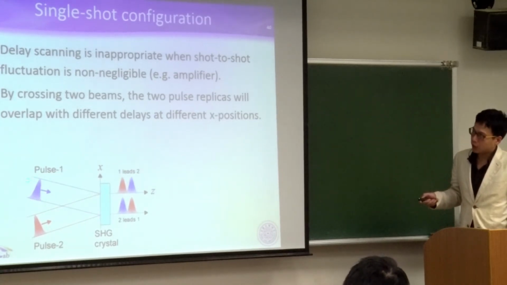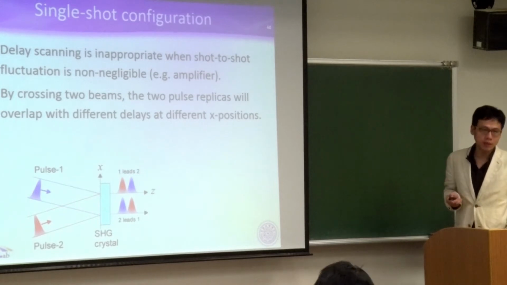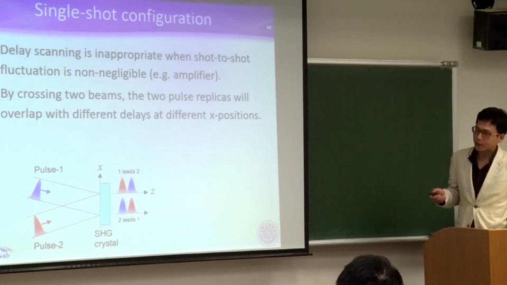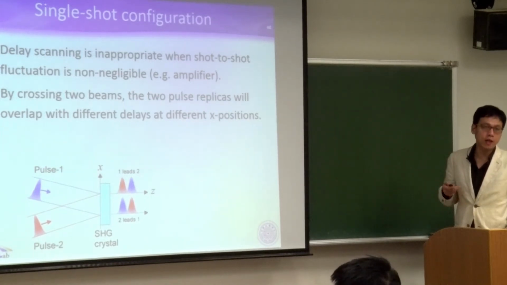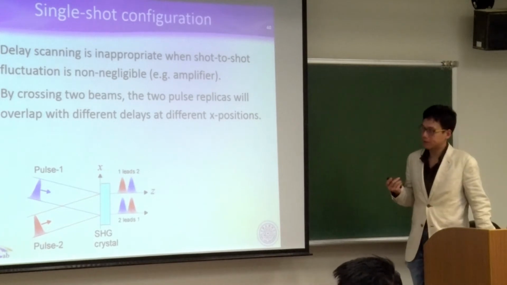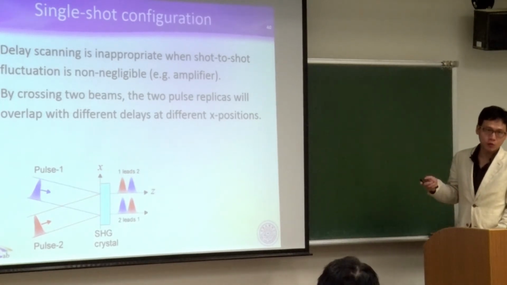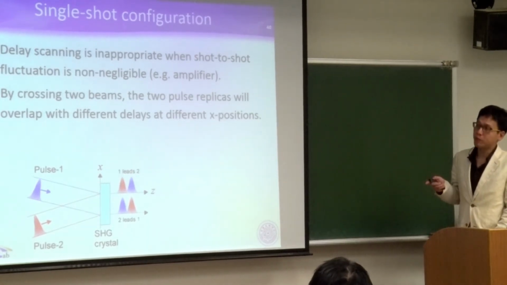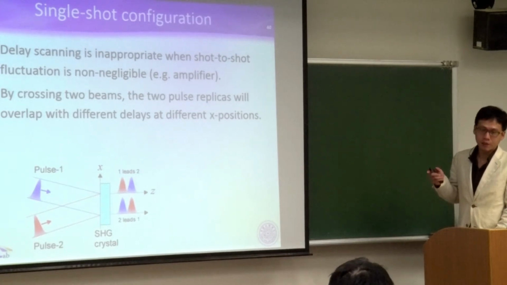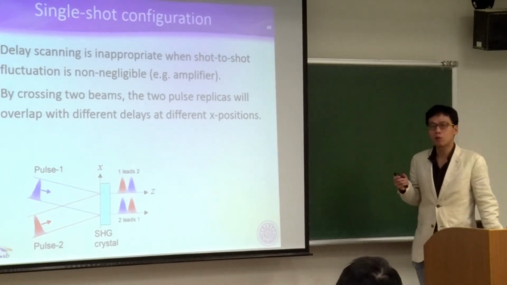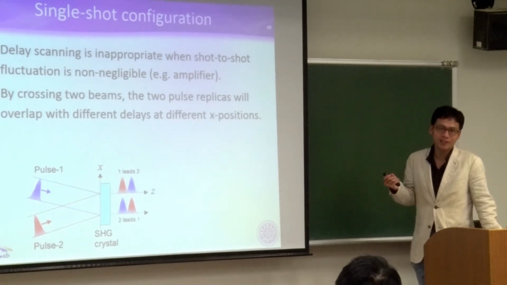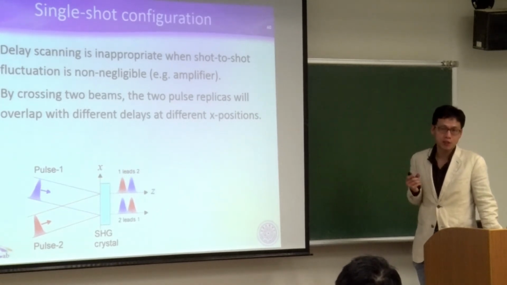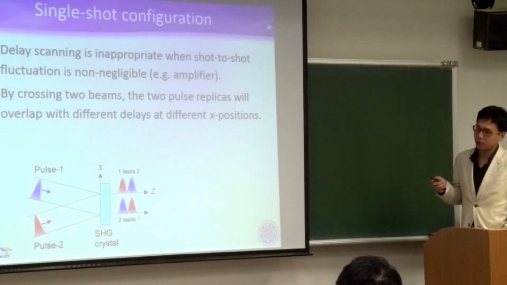Now you have the two pulse replicas close together. Say the blue one is pulse 1, the red one is pulse 2. They are essentially identical. Okay? But if you close these two beams, remember in reality, laser beams are of finite cross-sectional area. They are not plane waves, right? They must have a finite beam diameter. Okay?